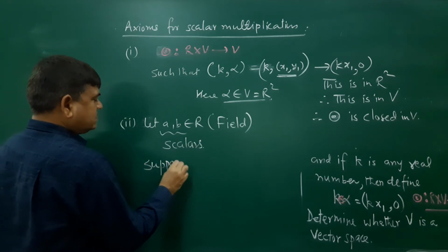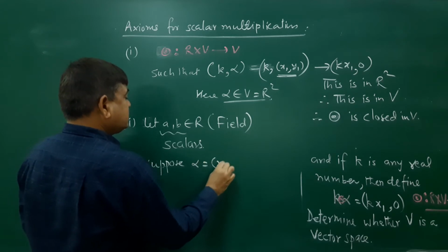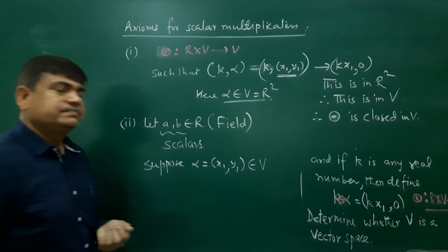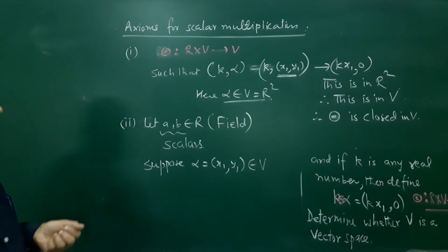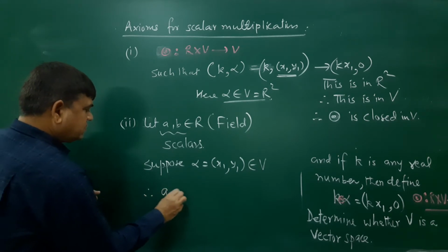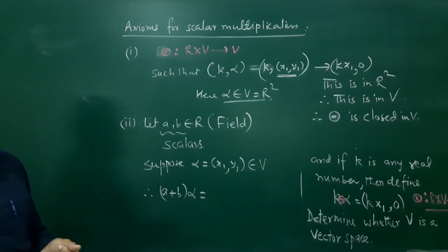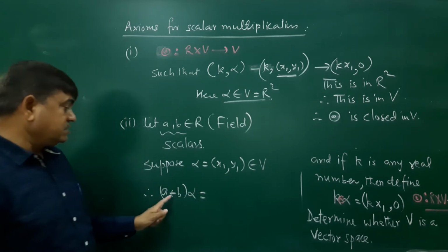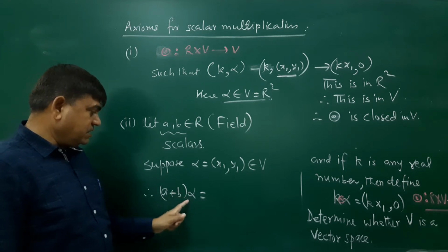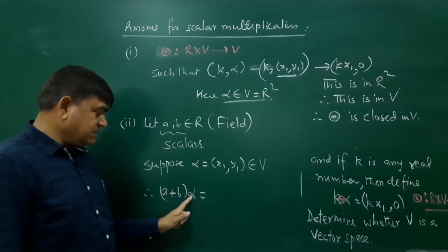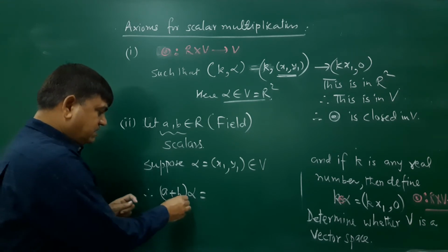Suppose alpha is x1 comma y1 belonging to V. Therefore, remember this is ordinary plus, but here the sign is, this is vector, this is scalar.